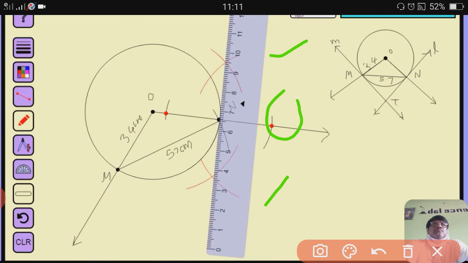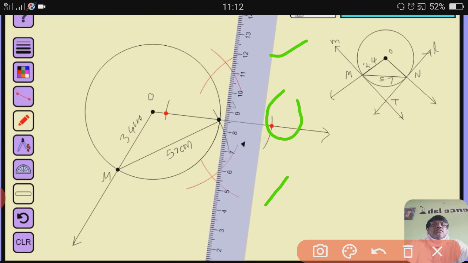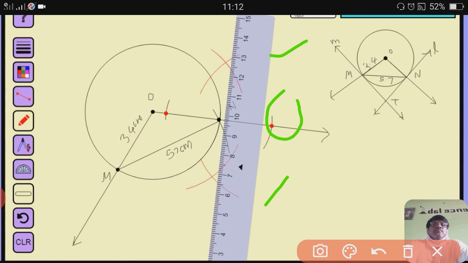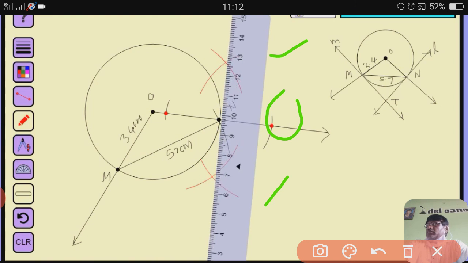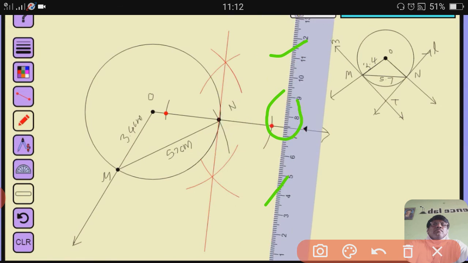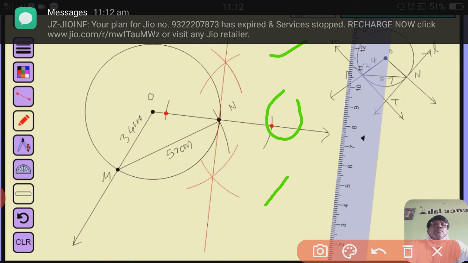First tangent passing through point N. Join the intersecting arcs above side and below side of the ray ON. Tangent L passing through point N.